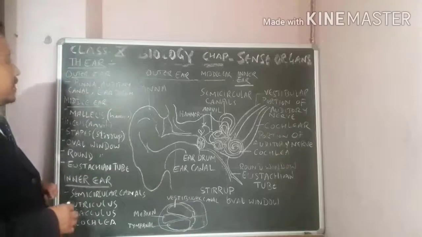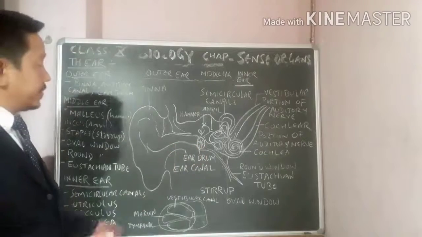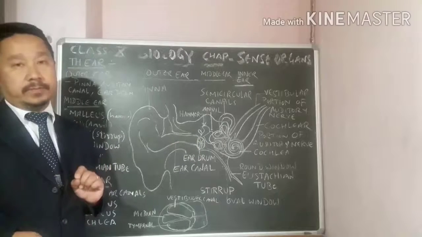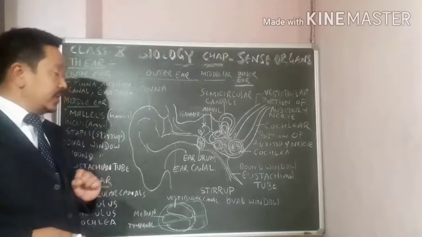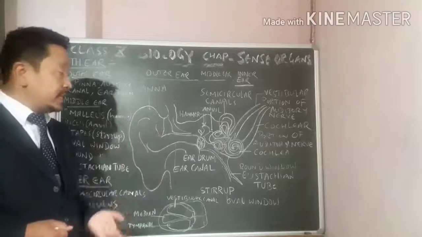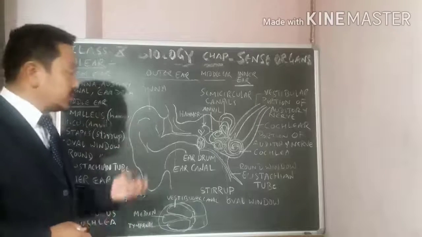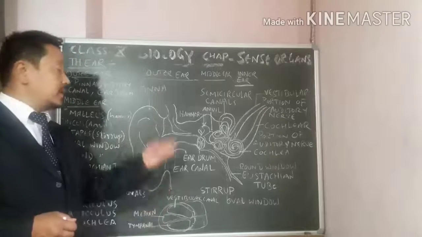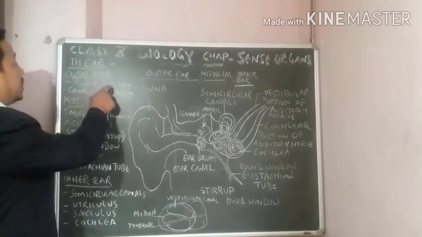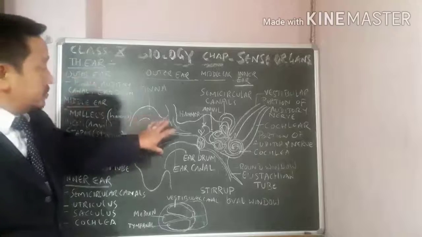Then another one is your eardrum, which is also termed the tympanum. Tympanum is the biological name of the eardrum. So these three parts, pinna, auditory canal, and eardrum, are the parts of your outer ear.